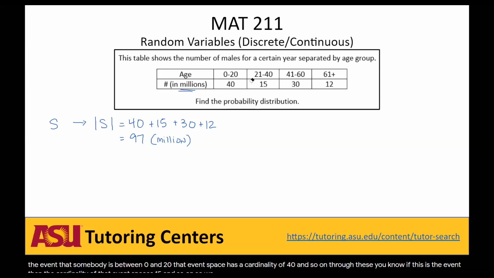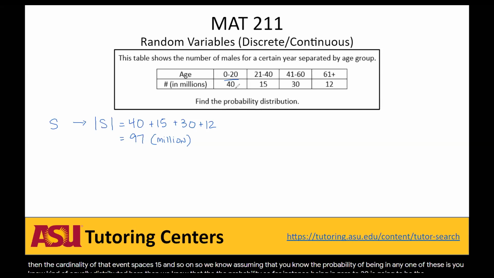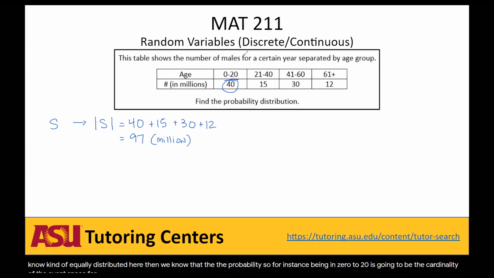Assuming the probability is equally distributed here, the probability of being in 0 to 20 is the cardinality of the event space, 40, divided by the cardinality of the sample space, 97.